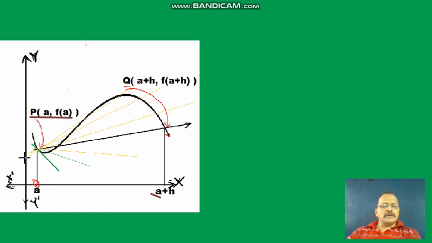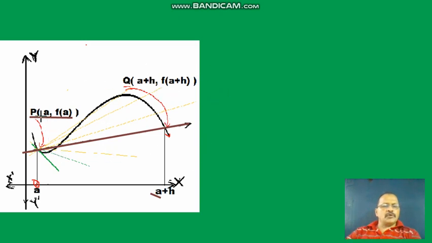Now consider the secant PQ. This is secant PQ. It is the line intersecting any 2 points of the graph. Now this secant PQ has a slope.